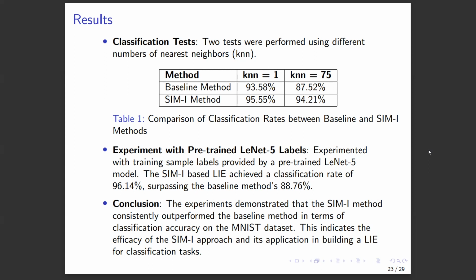And if we take the KNN to be 75, for the baseline method, the classification rate is 87.52%, and for Sigma-I is 94.21%. The result shows that the Sigma-I method consistently outperformed the baseline method in terms of accuracy, even when compared with a pre-trained LeNet-5 model.